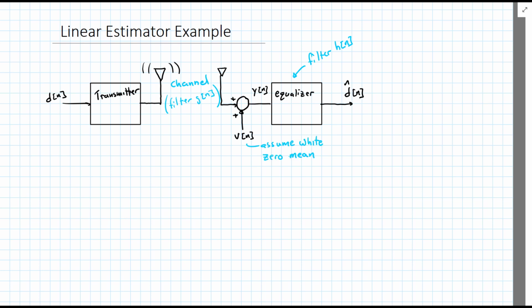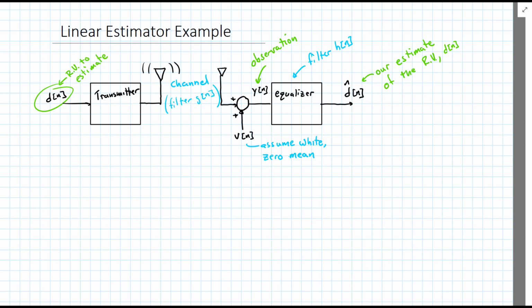We're also going to assume that the noise is white and that it's zero mean. We'll later find out what happens if that's not the case, but it's a reasonable assumption for now. So, d of n is a random variable, although it's a known sequence in this case. As far as the receiving side can tell, it's a random variable. That's what we're going to estimate, and then just label everything as we've discussed it.